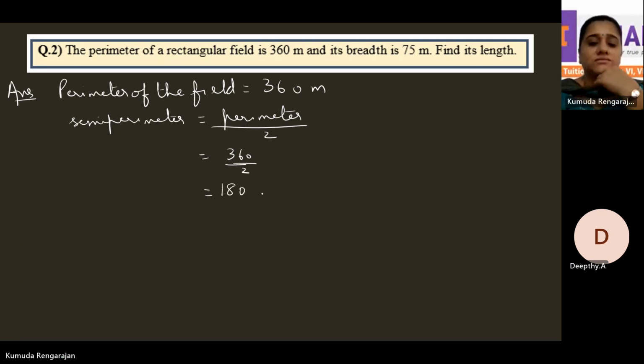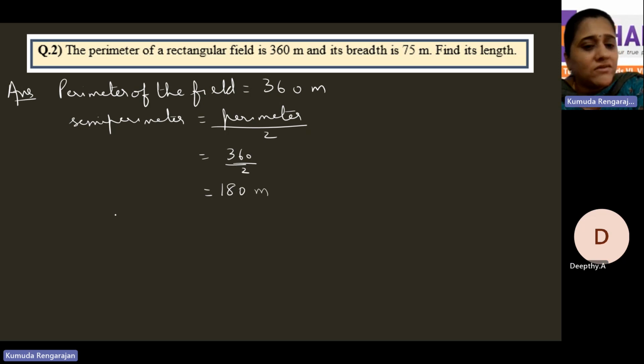Unit? Ma'am, meters. What's the next step, Deepti? We found the semi-perimeter. The next step is length equals semi-perimeter minus breadth. Have I given you that formula straight away? Length is equal to semi-perimeter minus breadth. Very good.